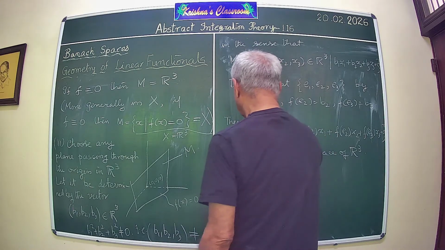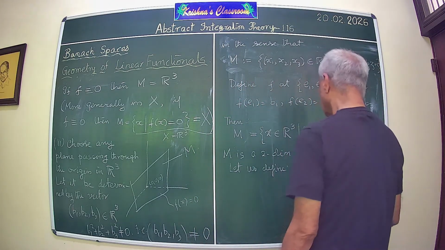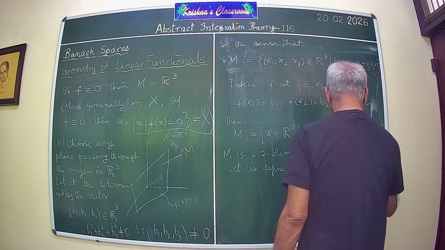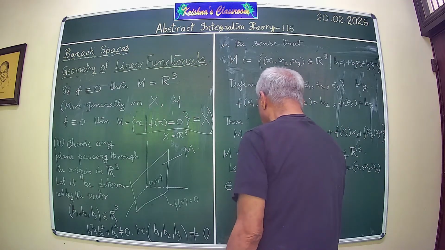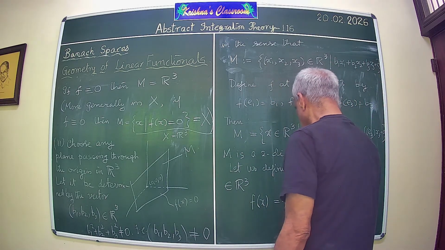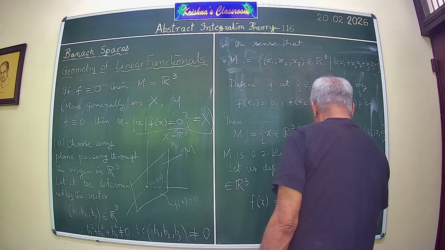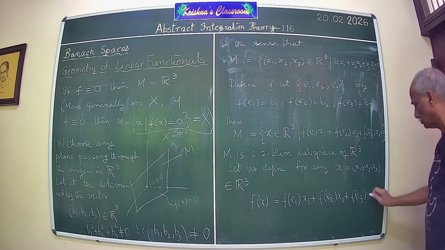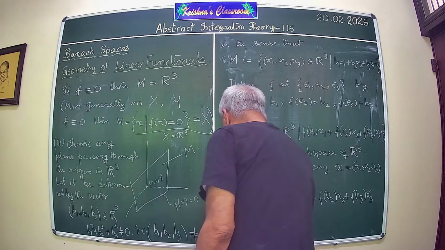Now let us define f for x equal to x1, x2, x3, then f is linear.